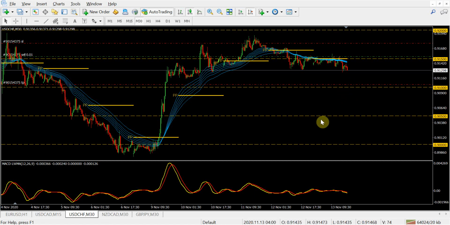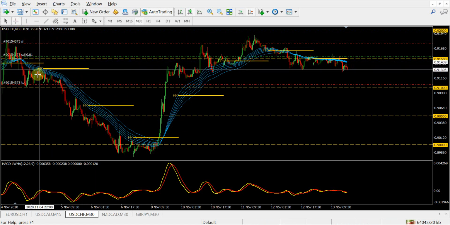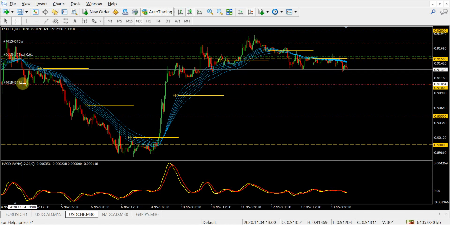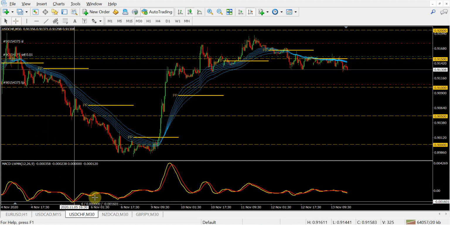So again, that was just another example of some trades that I've taken. But when I look back and backtest, here's another perfect example over here. Look, we've got one missed pivot here and another missed pivot there. Again, you've got your prices making lower lows, and then MACD starting to make flat to higher highs.